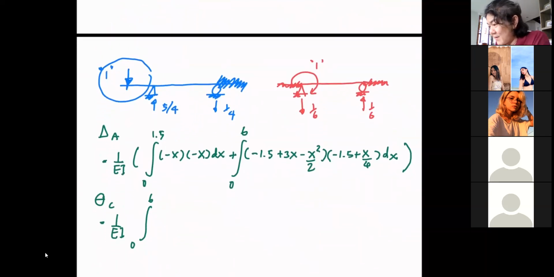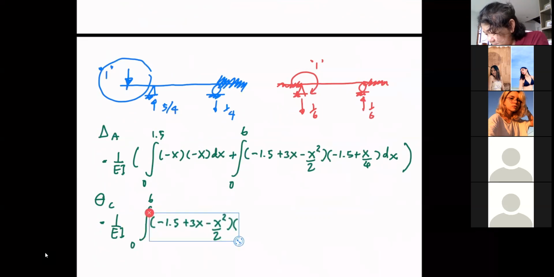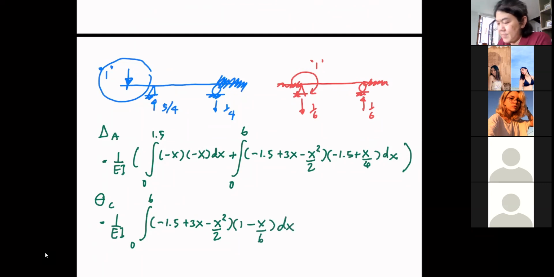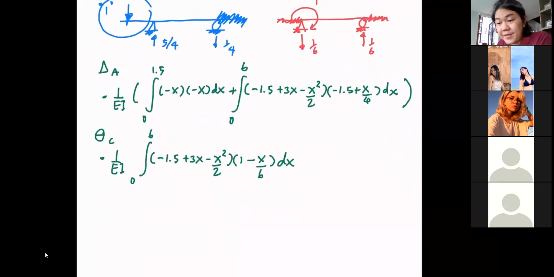So again, I can group this. That is, got that along as well. So, all right, it's 1 minus x over 6 dx.